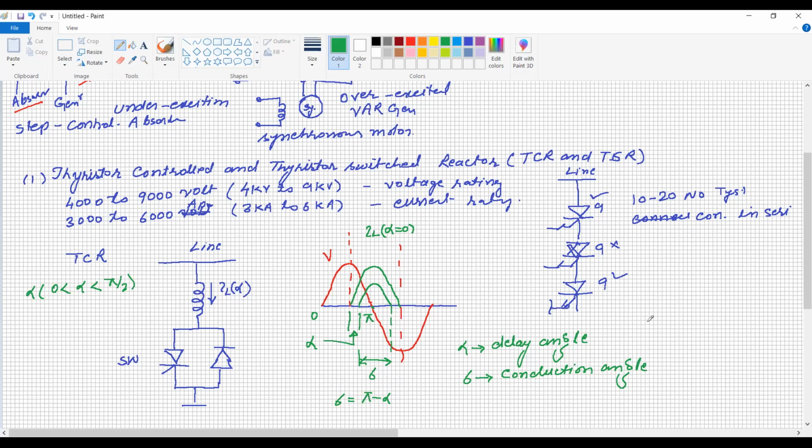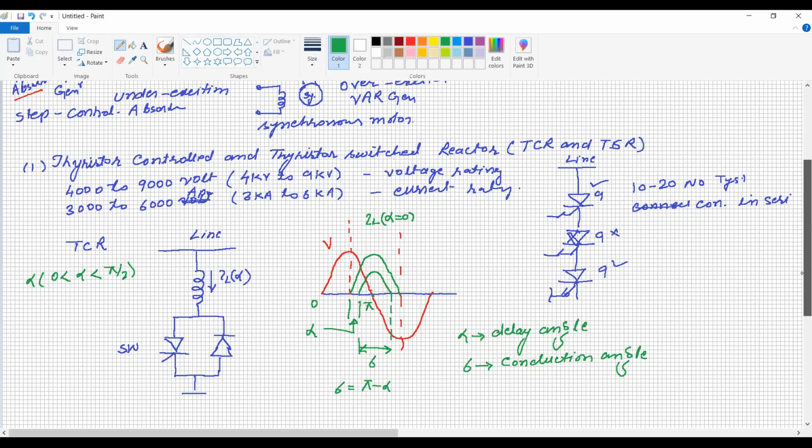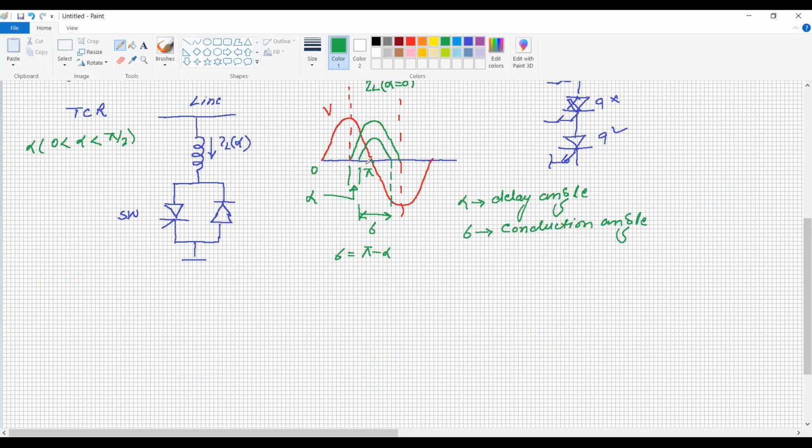So now suppose we want to control, meaning again we want to decrease the value of current. So we will increase the delay angle.